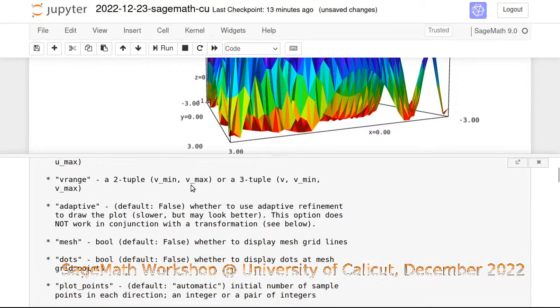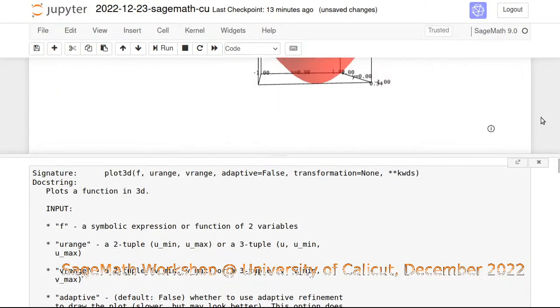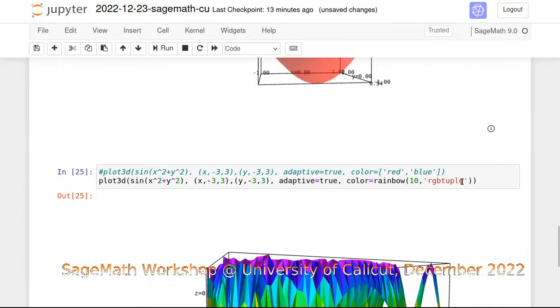So it's a color blending kind of option. So it applies some kind of refinement. And one more option we can specify here to get a grid kind of thing.